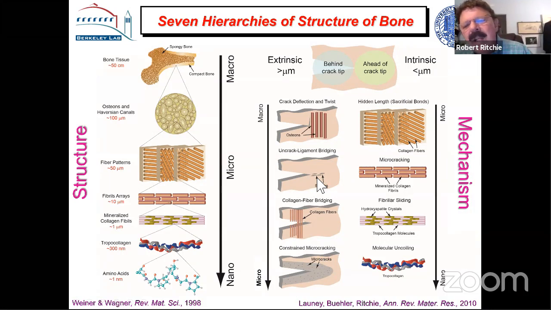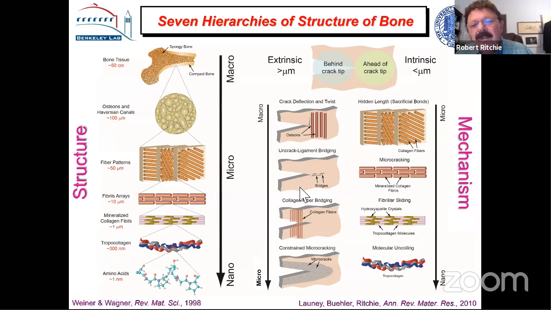And when cracks grow in bone, they're growing into a sea of microcracks. So at any time, if you freeze frame, you'll see little regions between the microcracks, which are bridges. I call these uncracked ligament bridges, not ligament in the anatomical sense, but the little regions that are unbroken. And in fact, a lot of these microcracks are bridged with collagen fibrils.